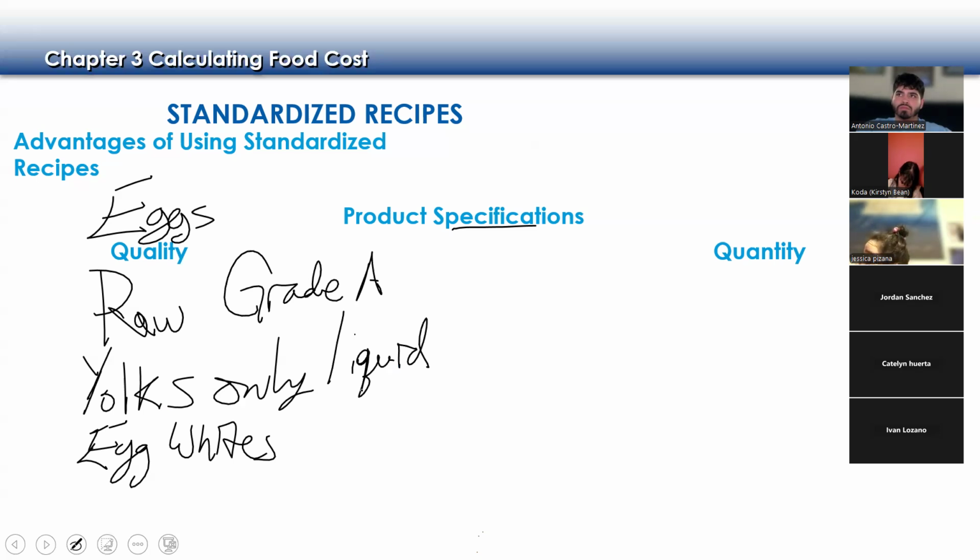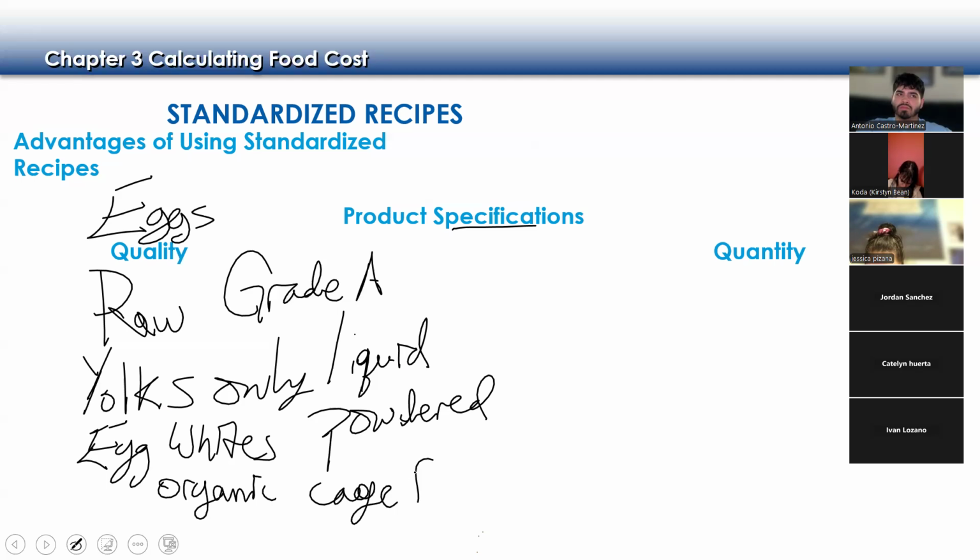Powdered. We might have powdered. Good. Cage free. Are they organic? Okay. Fresh from a farm.